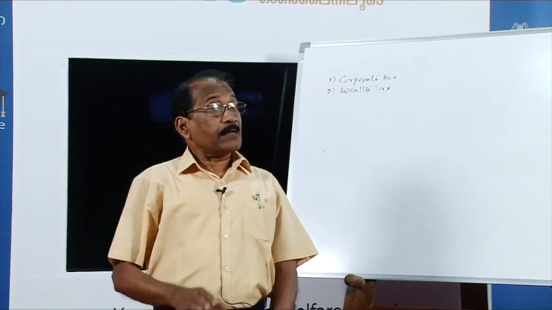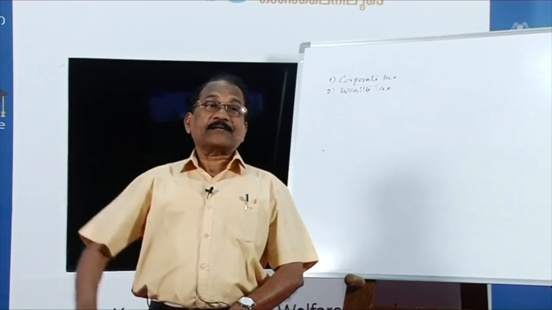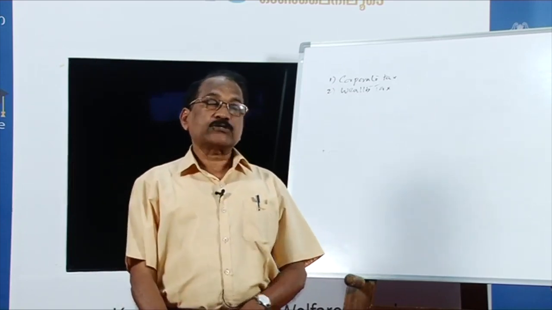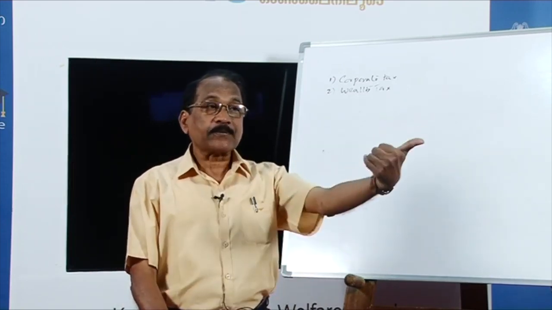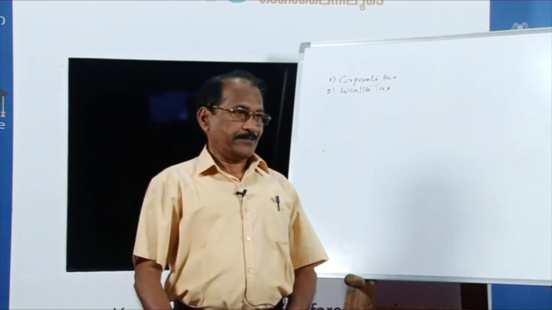That means even if a company is confronting a loss, it is exempted from corporate tax, but instead it has to pay the alternative to corporate tax, MAT. Minimum alternative tax is to be paid.